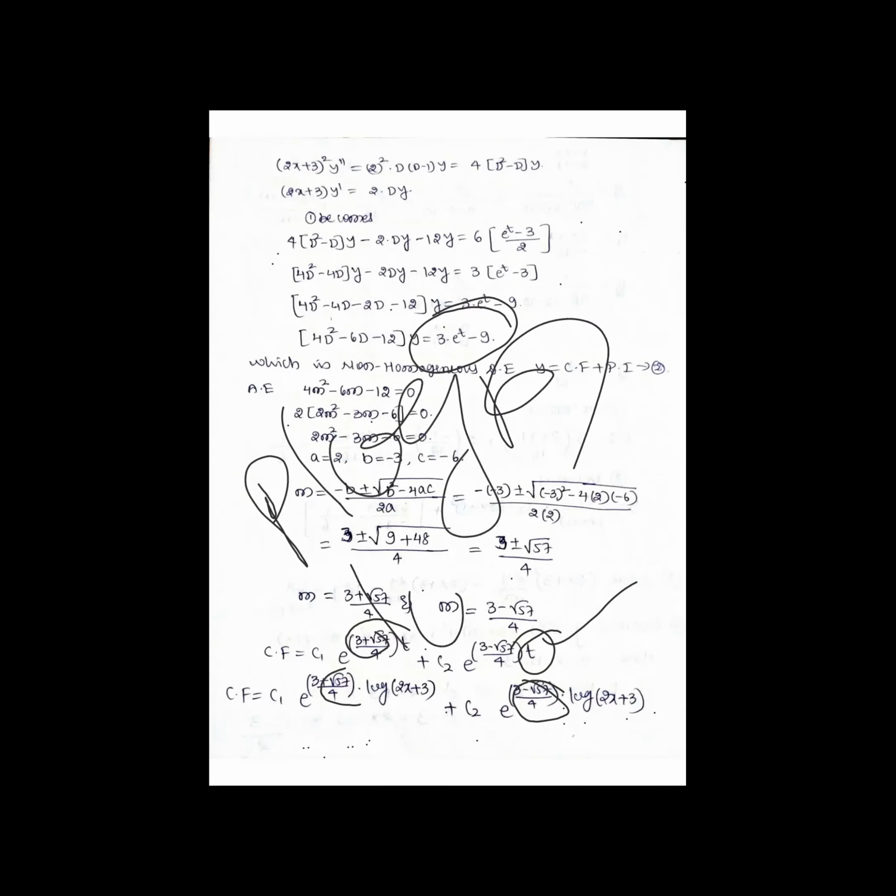So therefore, what I will do is C1 e raised to this. What had I taken t as? Log of 2x plus 3. So C2 e raised to this into t means log of 2x plus 3. Here, p log m, I'll write it as log of m raised to p. Whenever it is multiplied, it goes to the power, according to logarithm.